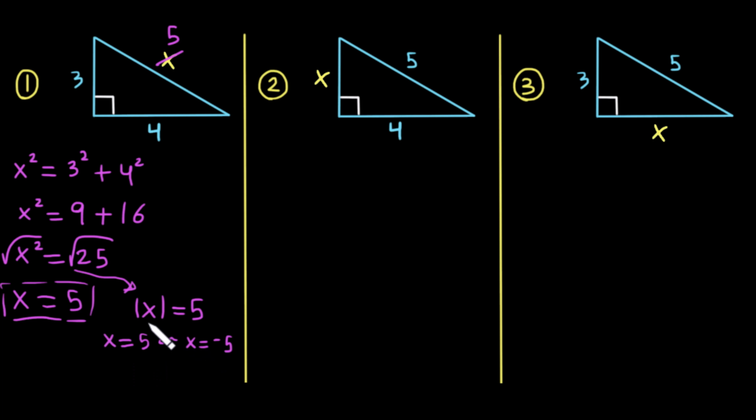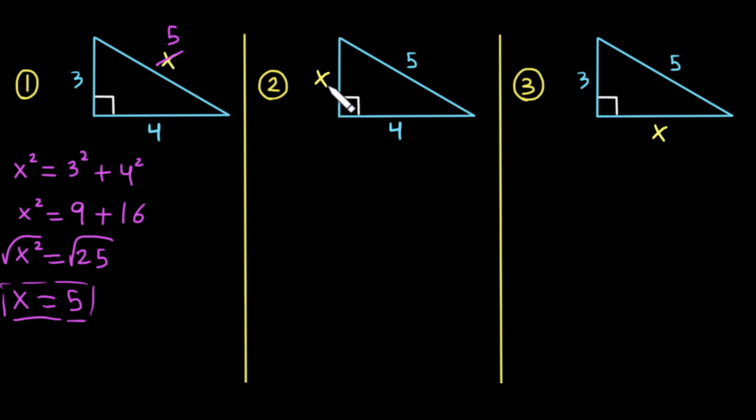Since the side of a triangle represents a length, the answer is always positive, so we reject x equal negative 5 because it's impossible to have a negative length for a real problem like this. We always reject this one, so every time we will not write these steps. Let's delete it.